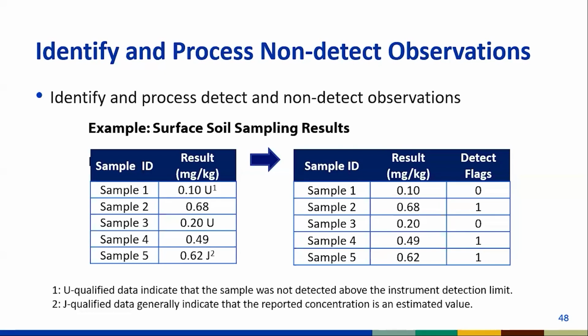The second column presents concentrations without the qualifiers, and the third column contains zeros and ones to indicate detected values. Zeros are entered for samples 1 and 3 to denote non-detect observations, while ones are used for the other samples, which the various tools will interpret as detected values. The J-qualified result from sample 5 is carried through as a detected value, just the same as the other detected results.